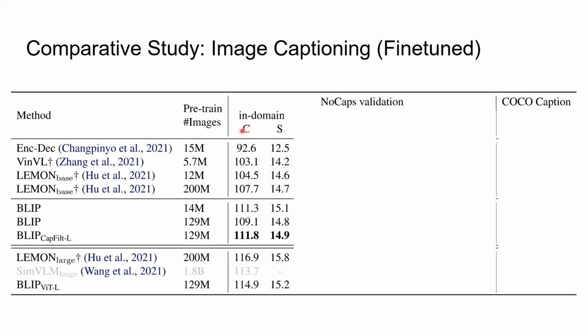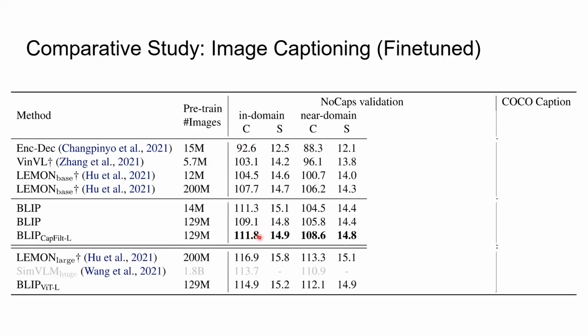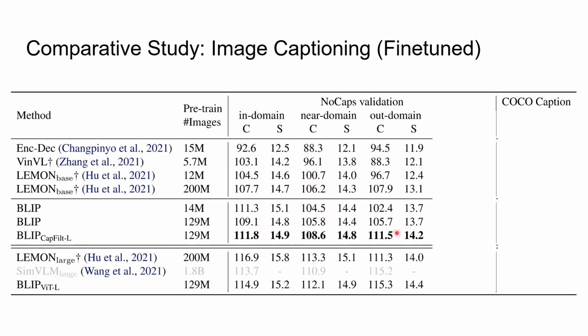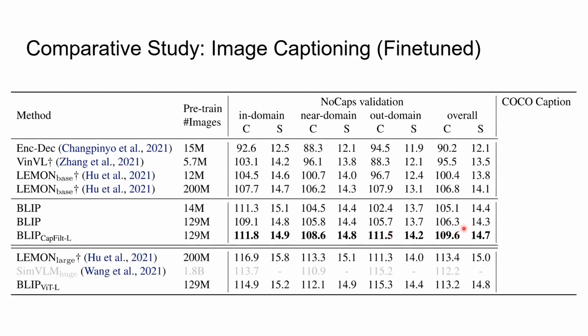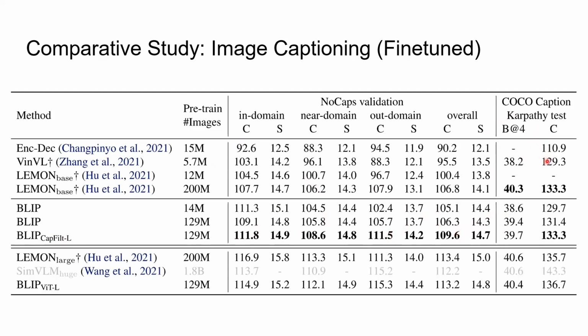So you can see in domain, with C and S denoting CIDEr and SPICE respectively, BLIP with captioning and filtering performed the best. In domain, in near domain, and also in out domain, as well as overall. On the COCO caption Karpathy split, however, you can see that LEMON actually got a better BLEU score, and it tied with respect to CIDEr scores.